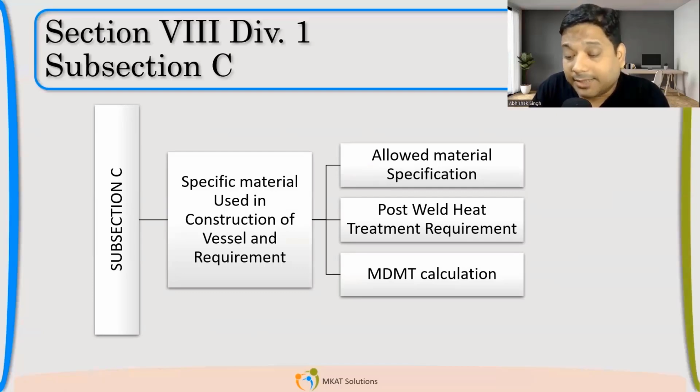Then whether the post-weld heat treatment is required, and if required, what should be the cycle of PWHT. And then the MDMT calculation. These are the three requirements which, as a designer, are very important for us and which we take from subsection C.